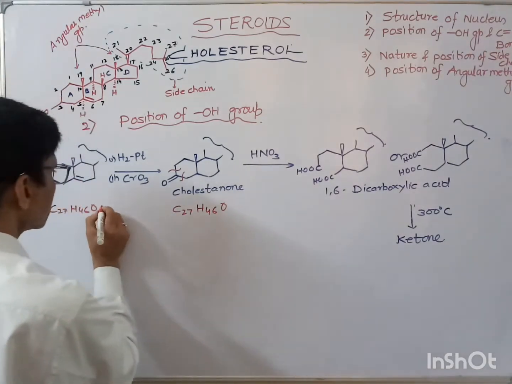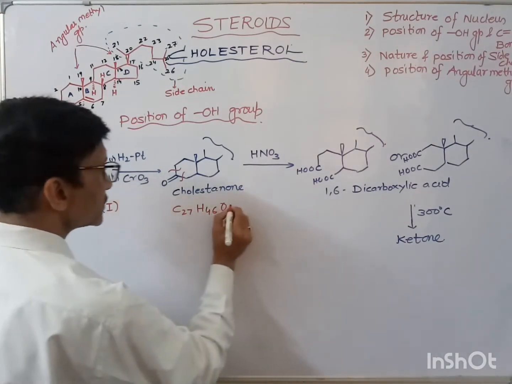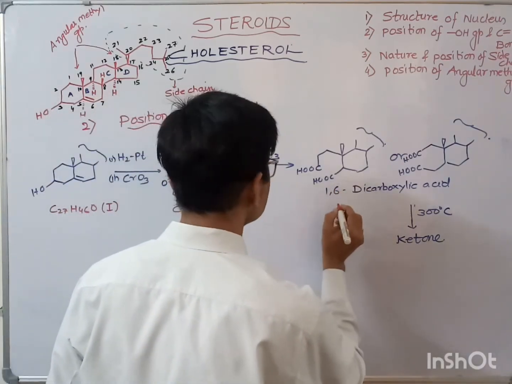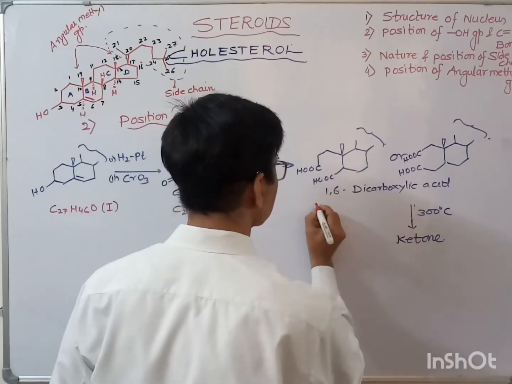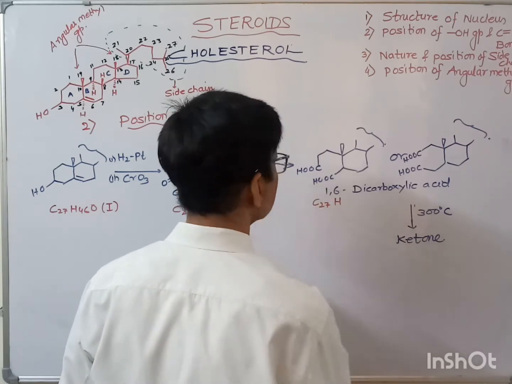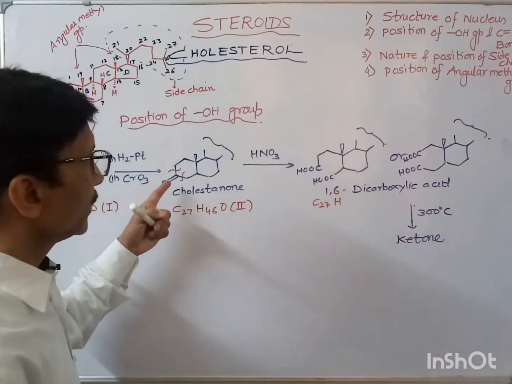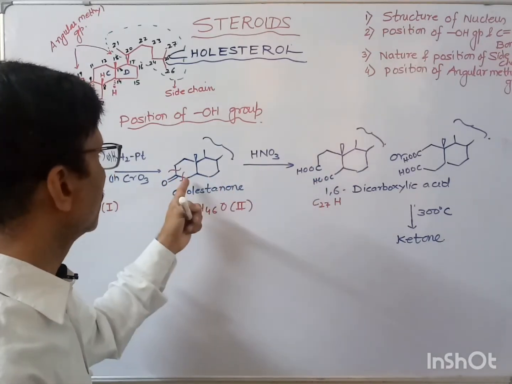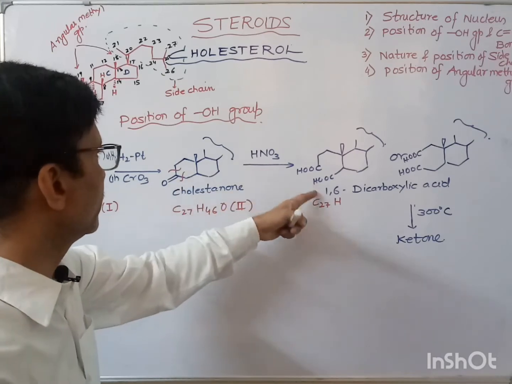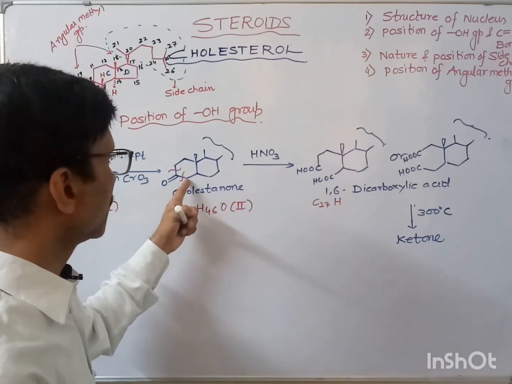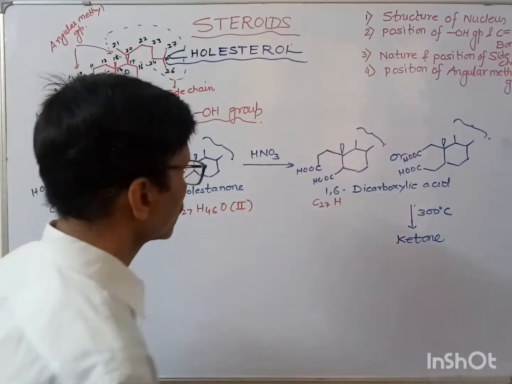Now suppose this is the dicarboxylic acid, so the formula for this is C27H. If you see here, 2 hydrogens are added over here, whereas 2 hydrogens are removed from here also.